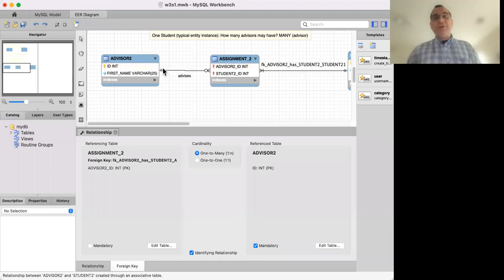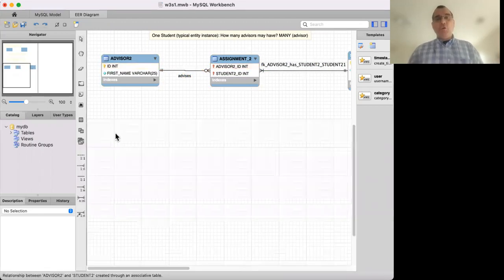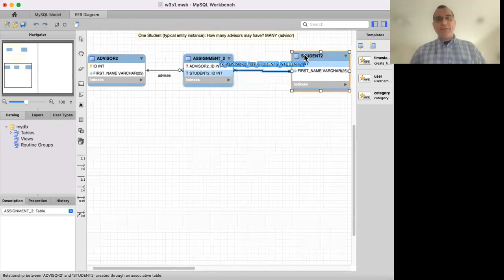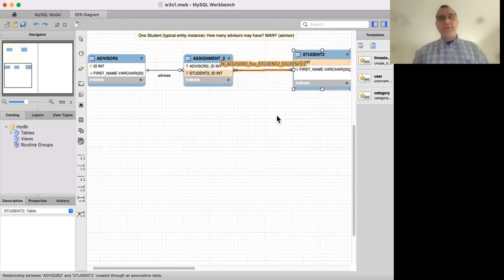That's why advisor is mandatory, and don't change that. But assignment, based on my specification, may not be present for a given advisor, so I must make it optional here. So we finalize the left-hand side, and now it looks much better. As you can see, I can even bring it closer here, and I have space to bring this one closer here.